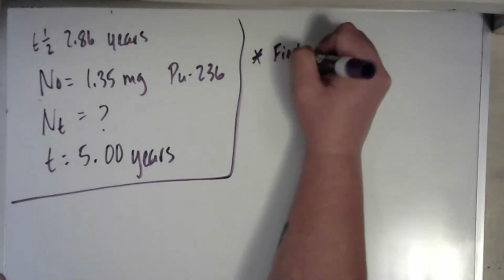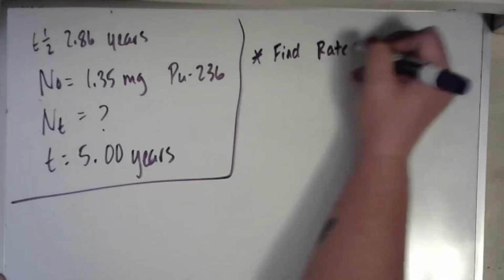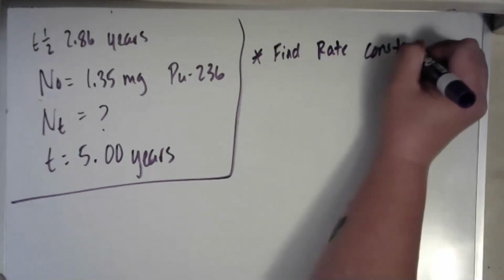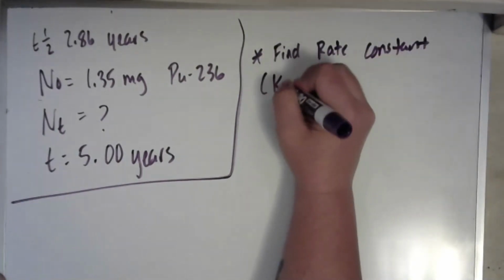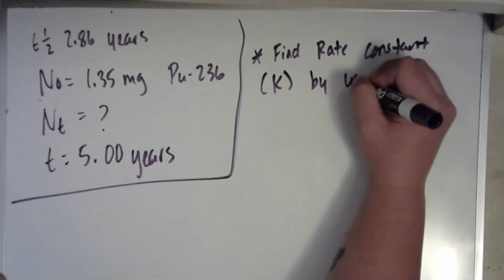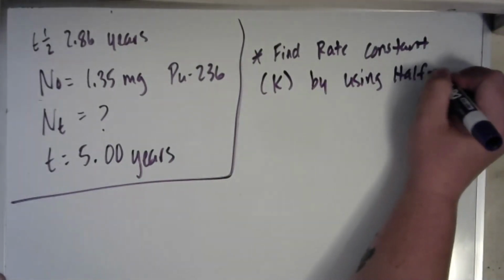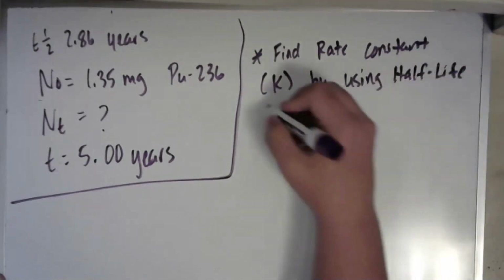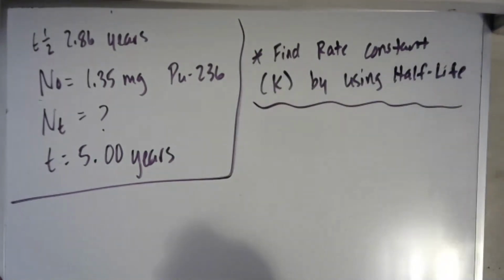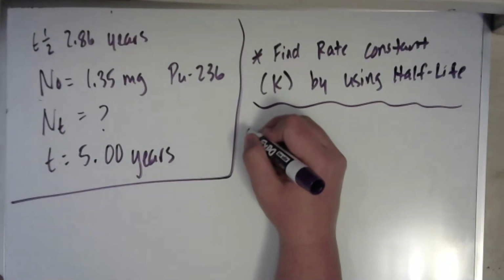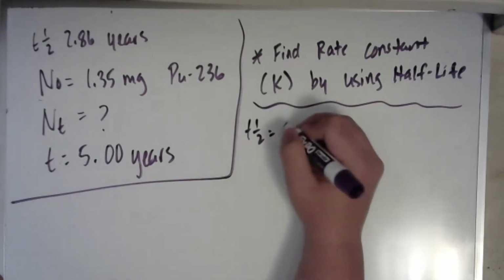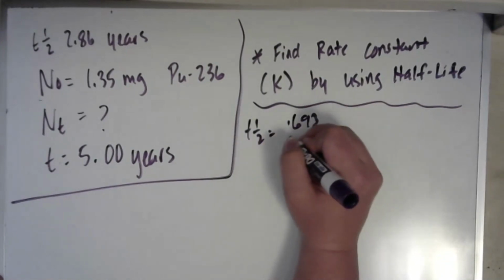And it's going to say find rate constant by using half-life. You're going to have to do this all the time in this chapter. Okay. So we know that t1/2 equals 0.693 over k.